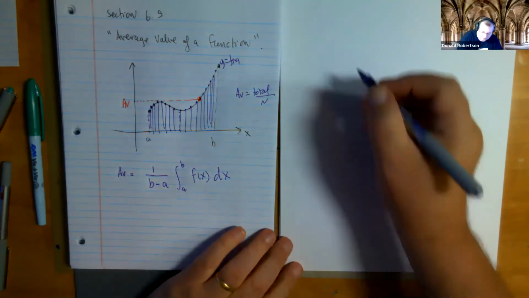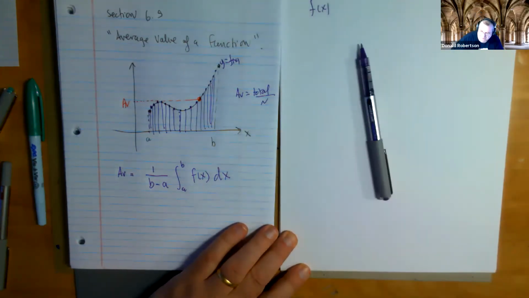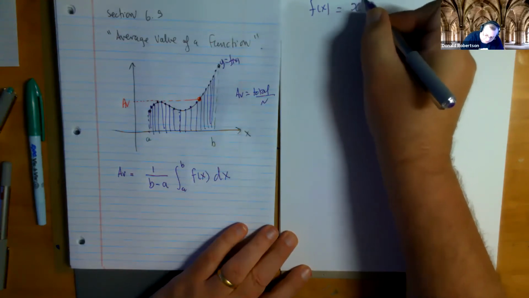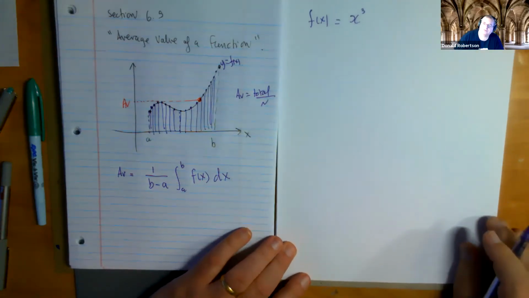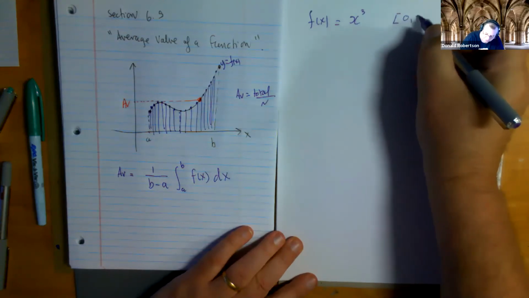So here's my first example. Suppose I wanted to do x cubed, and I want to find its average value from 0 to 2.